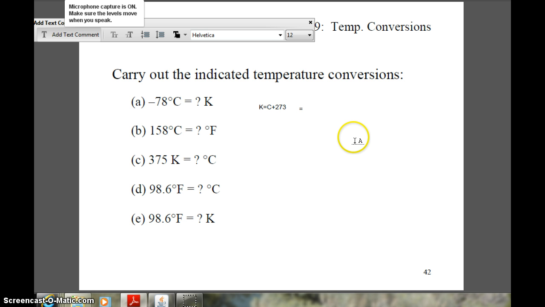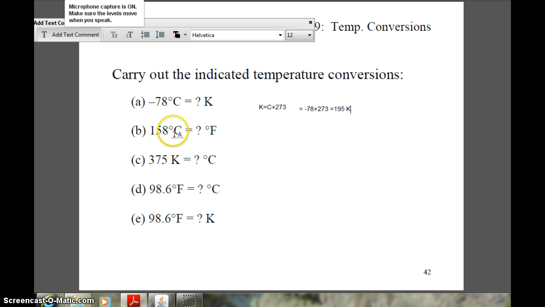So this is going to be equal to negative 78 plus 273, and that will come out to be 195 Kelvin.